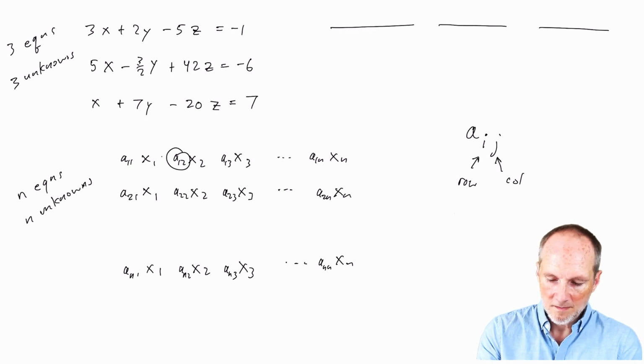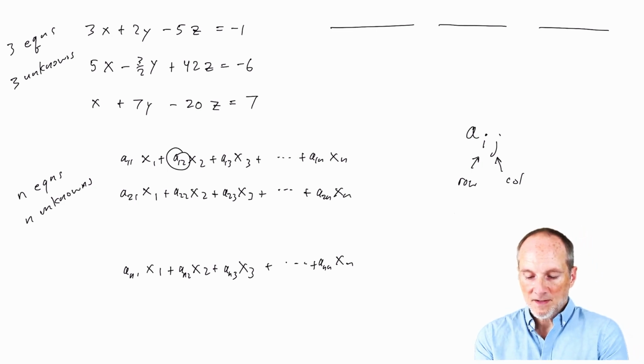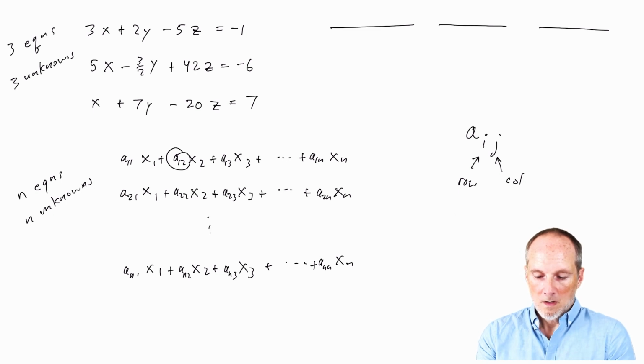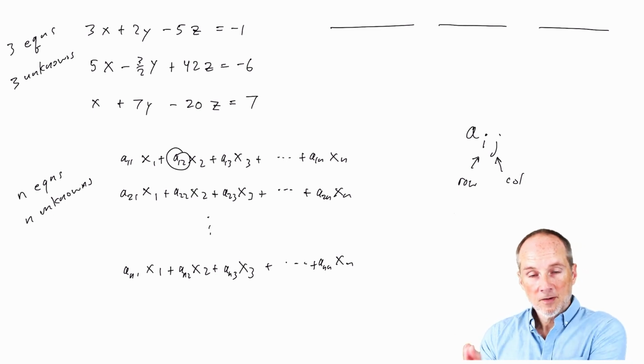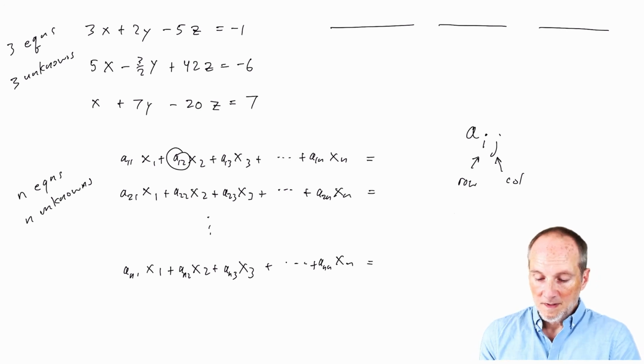And then, of course, we add these all up. It's harder to write out, but that's what the left-hand sides of the equations look like. On the right-hand side, well, same thing.